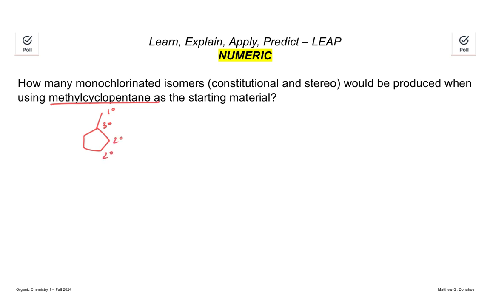So there would be 4 of them. We have a primary, tertiary, and then 2 different secondary sets. So at a minimum, there would be 4 monochlorinated isomers. But that number can be greater once you do the substitution and then the stereochemical test.